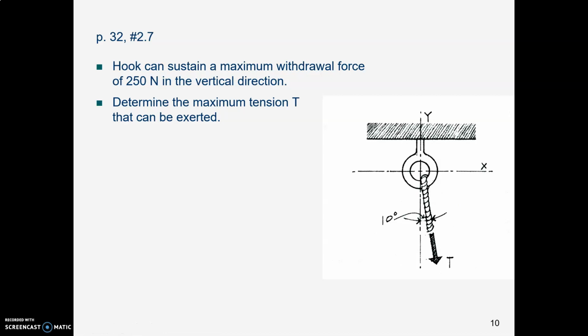Beyond that, it won't hold. Now in this screw eye, we have a rope where, for some reason, we have to pull at a 10-degree angle away from vertical. The question is, how hard could we pull on that rope before we pulled the screw eye out of the ceiling?